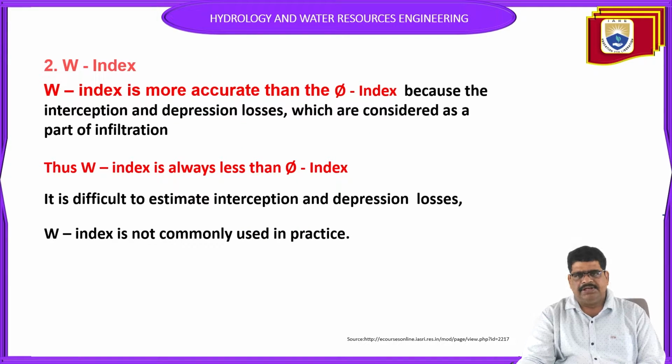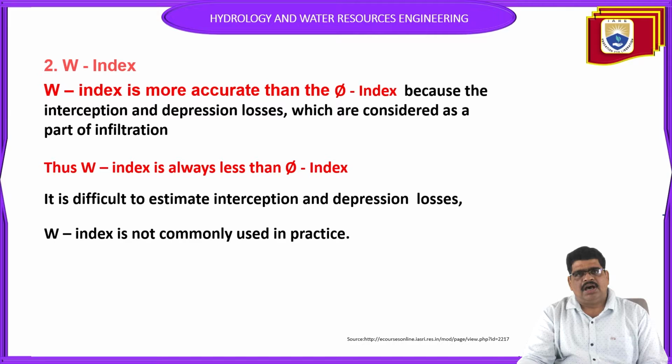Next one is the W index. What is meant by the W index? The W index is more accurate than the Phi Index because interception and depression losses are considered as part of infiltration.